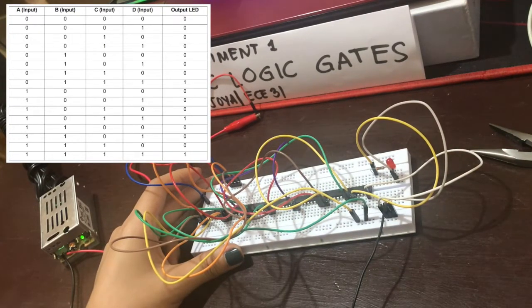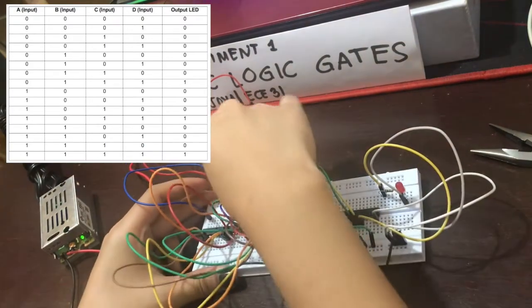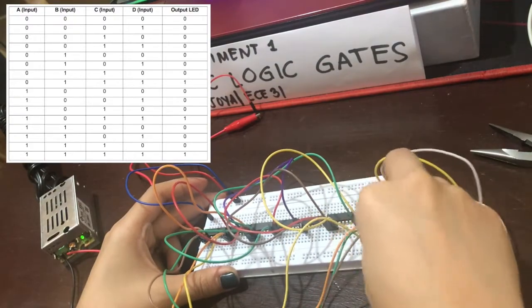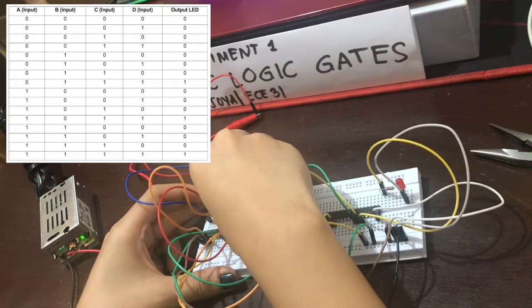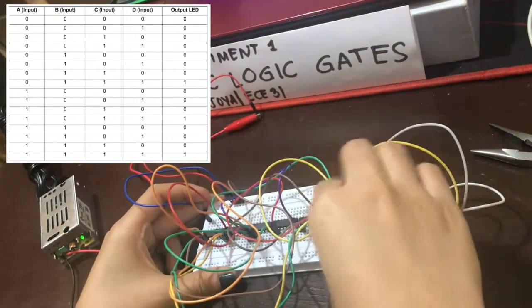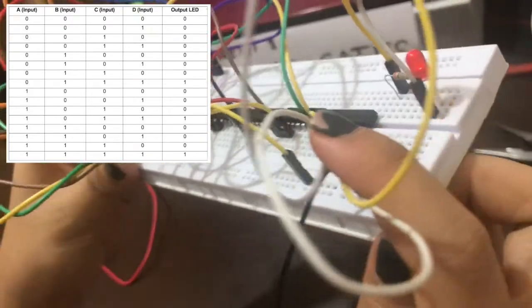When A, C, and D are logic 1s, so let's put A, C, D. As you can see, output is logic 1.